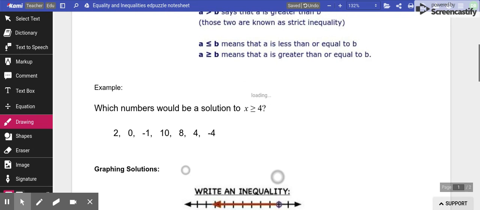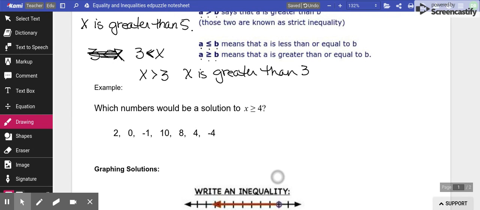Okay, let's look at this next example right here. Which numbers would be a solution to the inequality X is greater than or equal to 4? Take a second, look at the answer choices, and select your responses.